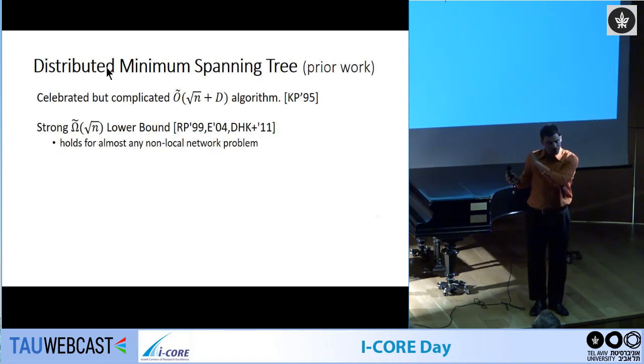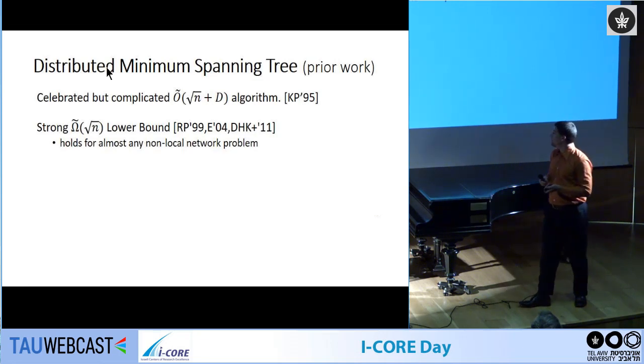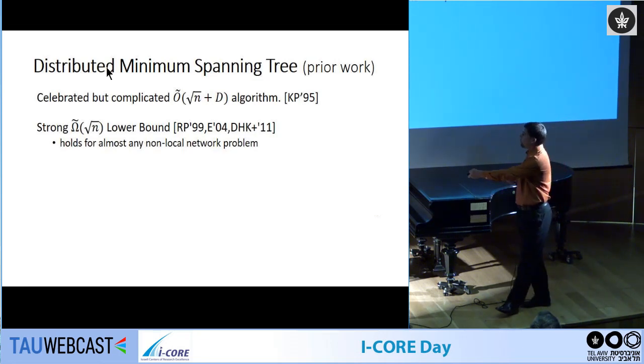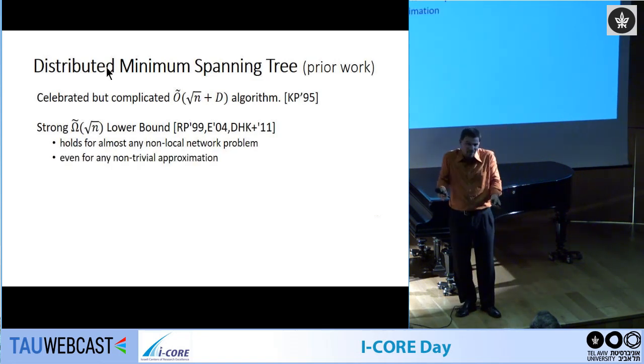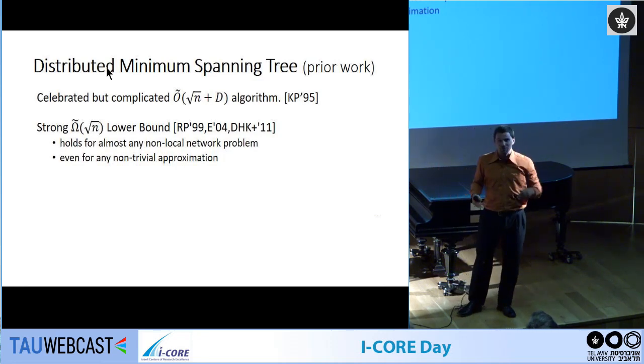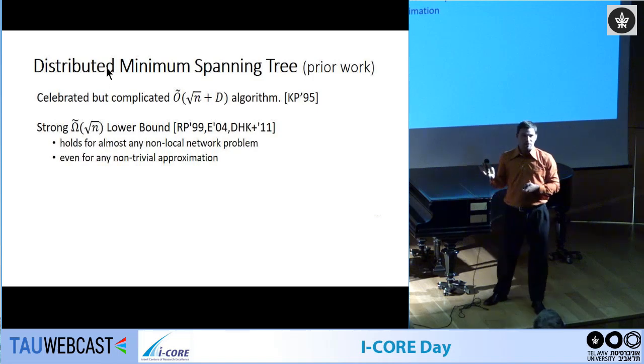So local problems, of course, we know are a different thing, but even the simplest non-local problem is going to have the square root of n lower bound in the running time, even if you want approximations, right? So clearly there are some completely trivial approximations which you can answer without even looking at the graph. If you want anything slightly better, the square root of n lower bound applies.